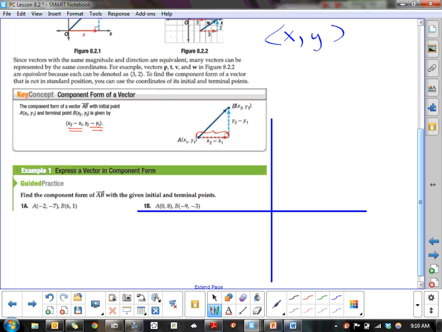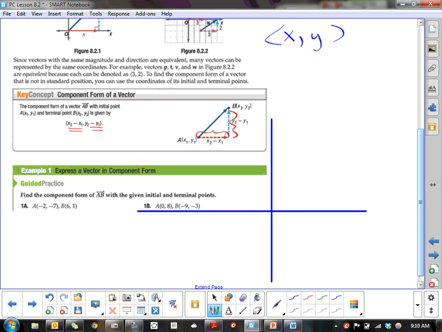It is imperative you do it in the correct order. Always subtract terminal minus initial, because vectors have magnitude and direction, and because direction is important here, we have to do it the right way. In the same respect, to find your change in y coordinates, you simply subtract the y coordinates, endpoint minus beginning point.